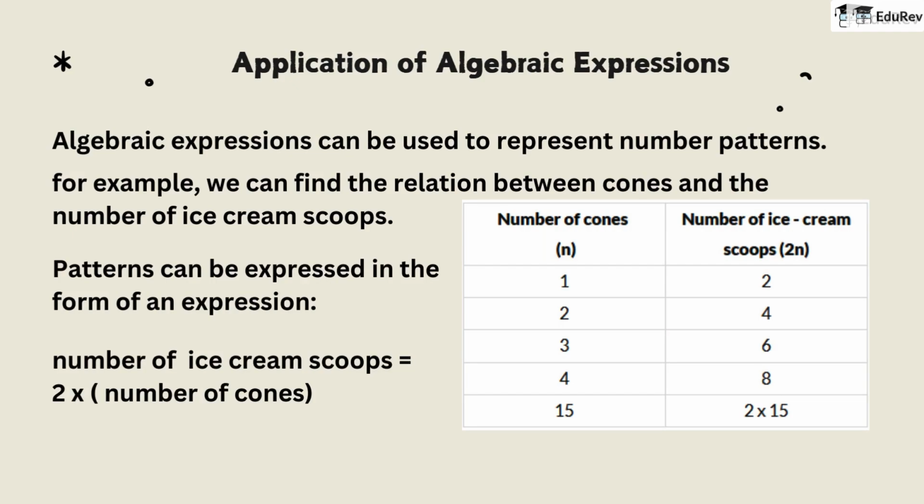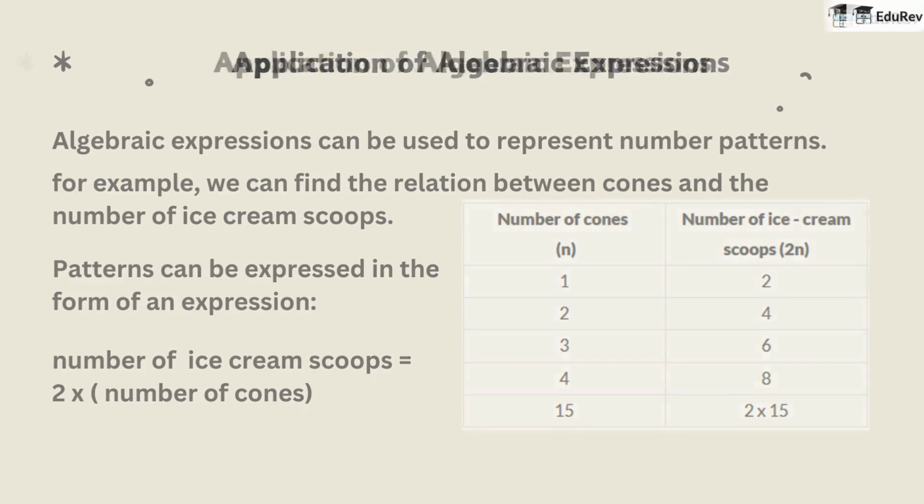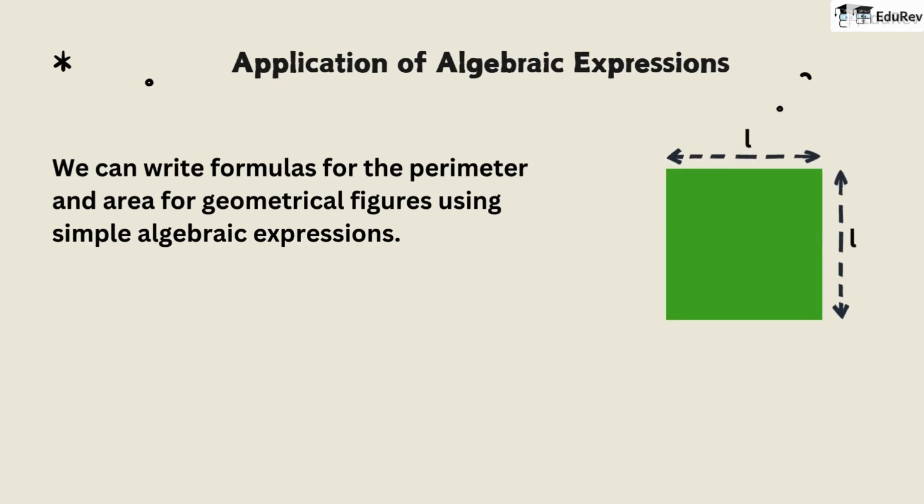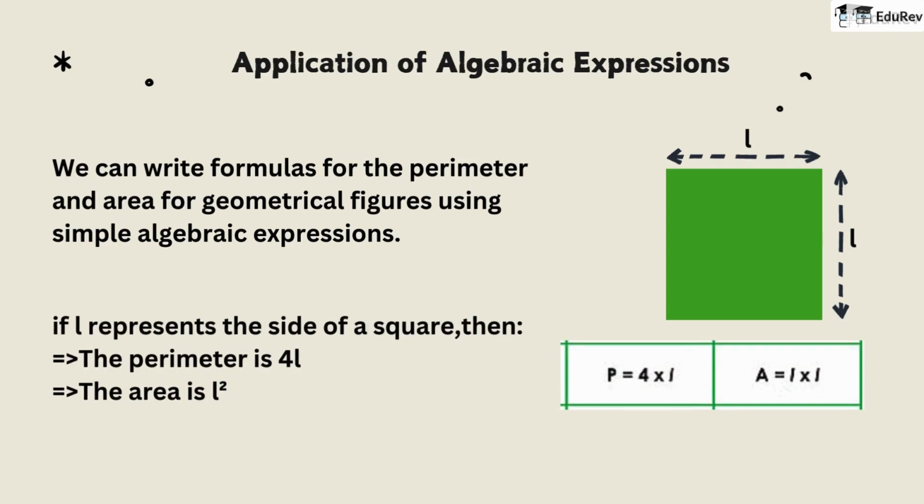So, if there is one cone, there are 2 scoops, for 2 cones there are 4 scoops, and so on. Furthermore, we can write formulas for the perimeter and area of geometrical figures using simple algebraic expressions. For instance, if L represents the side of a square, then the perimeter is 4L and the area is L squared.